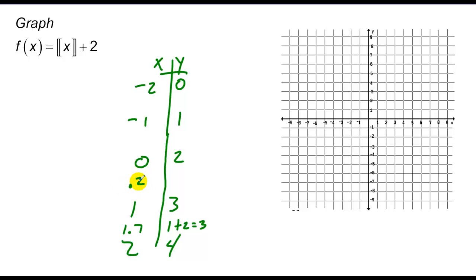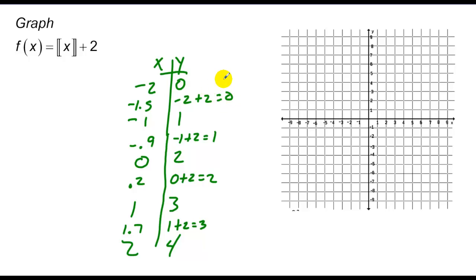The greatest integer of 0.2 is 0, and I add 2 to that, and I get 2. Let's take -0.9. The greatest integer of -0.9 is actually -1, plus 2 equals 1. And let's go -1.5. The greatest integer of -1.5 is -2, plus 2, which is 0.